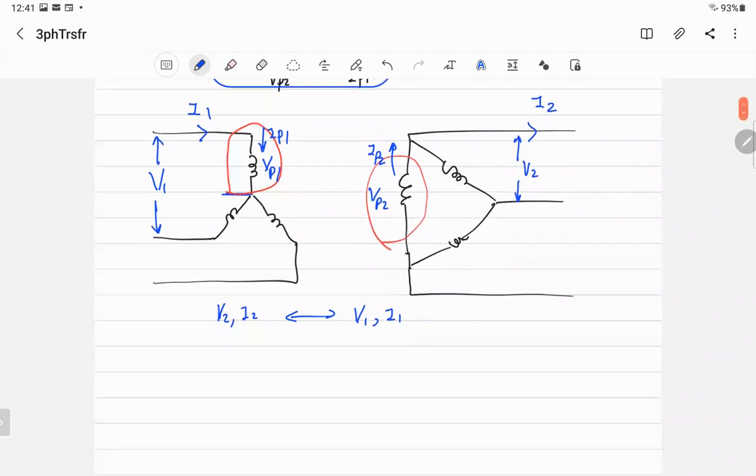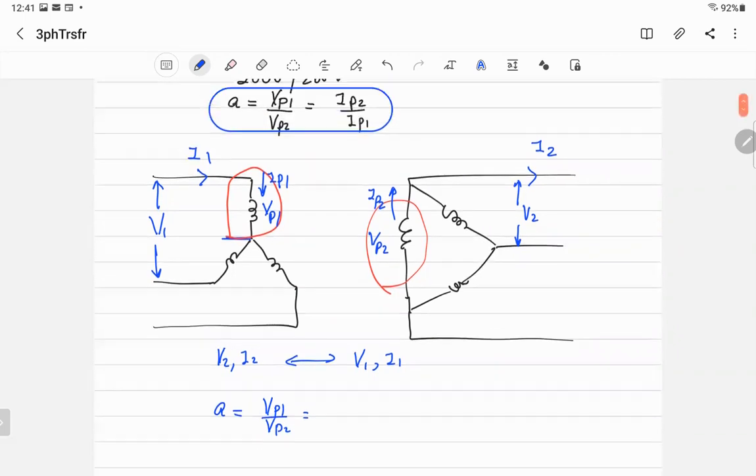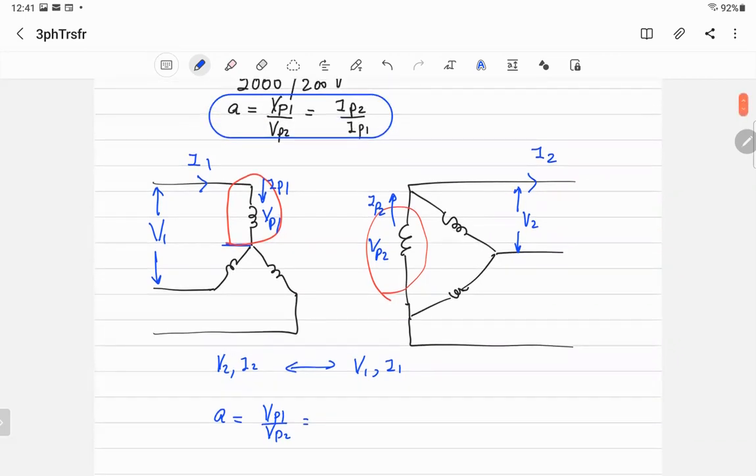So now let's see the relationship. I know that A, the main quantity that you know, the turns ratio of one single phase transformer, is equal to the voltage phase 1 over voltage phase 2. And now see the relationship between V phase 1 and V1. What's the relation between V phase 1 and V1?